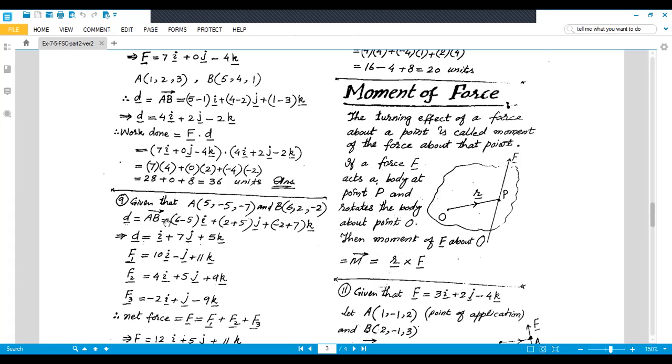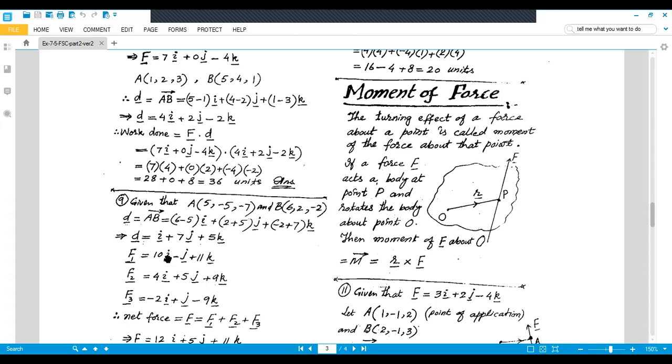So we have to find the displacement D first. AB is already given. So 6 minus 5 i, 2 minus minus 5 j and minus 2 plus 7 k. So we get i plus 5 plus 2, 7j and 7 minus 2, 5k.